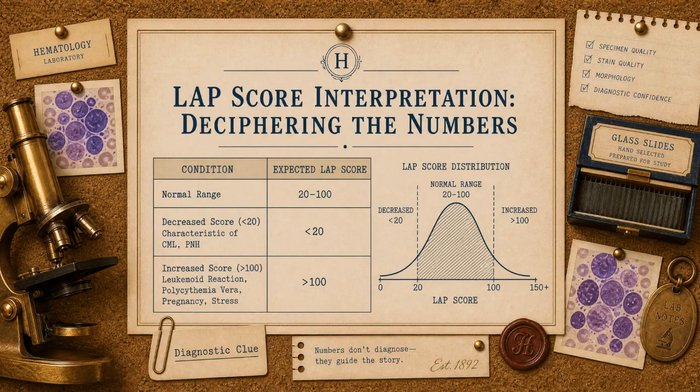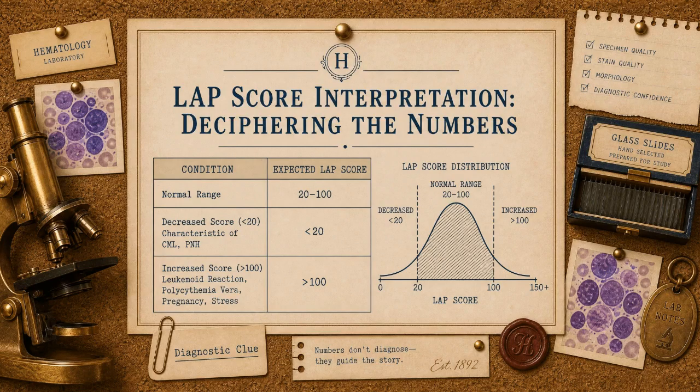The LAP score helps us differentiate CML from other conditions causing leukocytosis. It's a simple, inexpensive test that provides a crucial piece of the puzzle. While molecular tests like BCR-ABL1 are definitive for CML, the LAP score can quickly point us in the right direction, especially in resource-limited settings or as an initial screening tool.